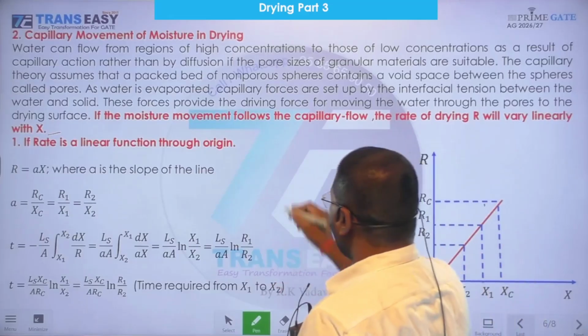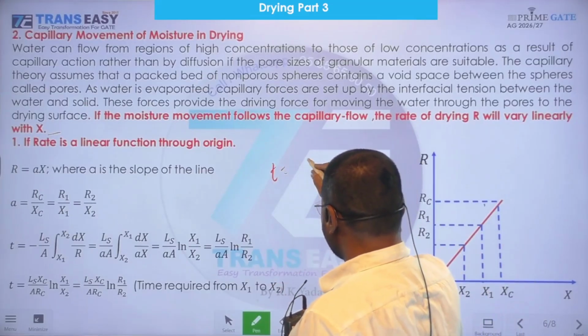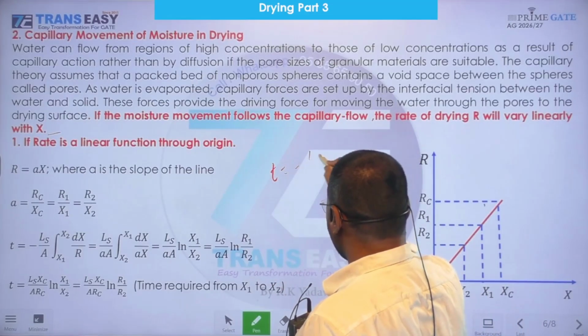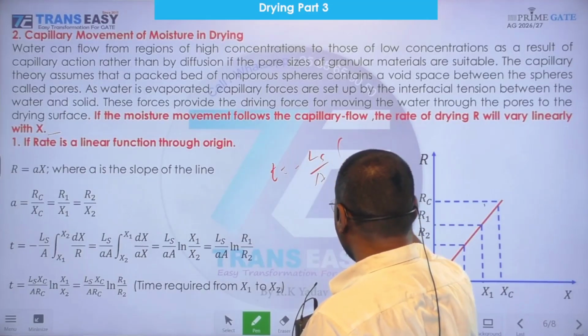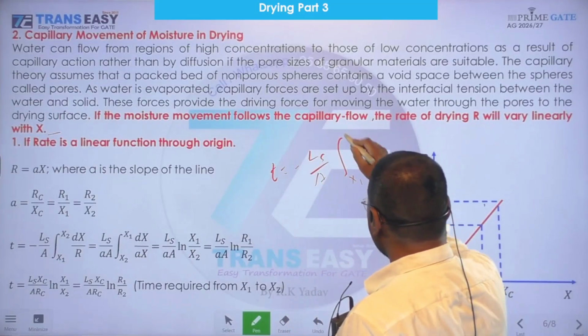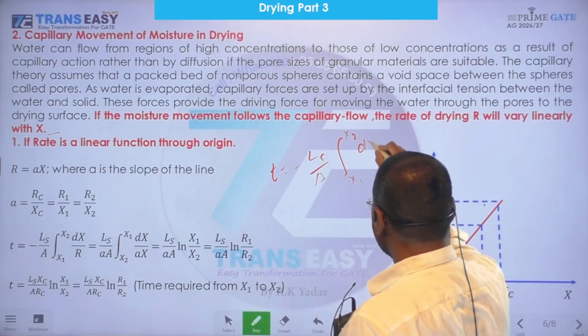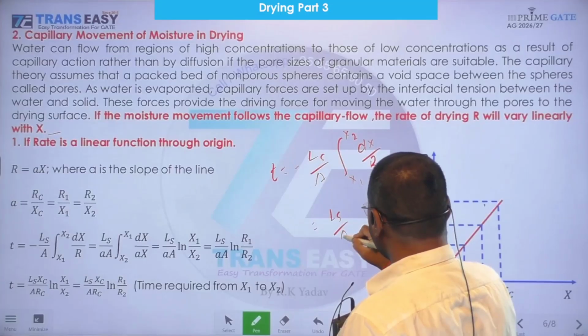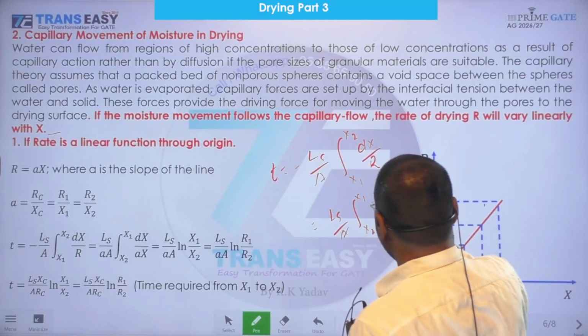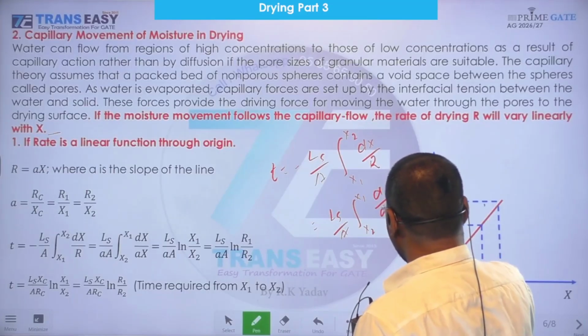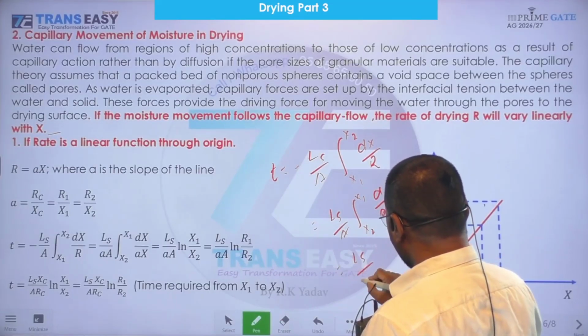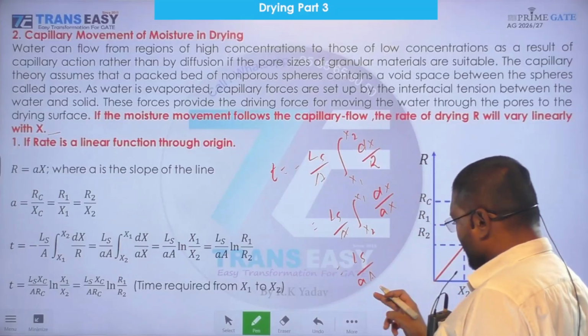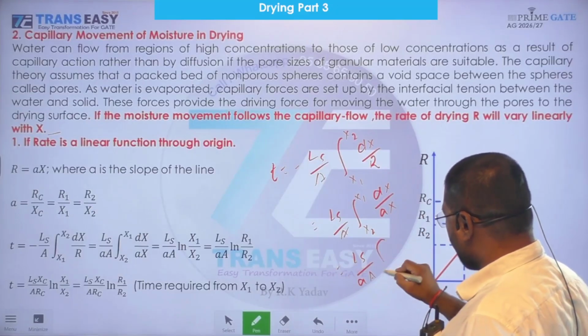So guys, already we have established this relationship. Ls is equal to T is equal to minus Ls upon A, integral X1 to X2, dX upon R. This minus interchanges limit of integration, right? And dX R is AX, Ls upon A. A is the slope of line and it is constant, taken outside of integration.